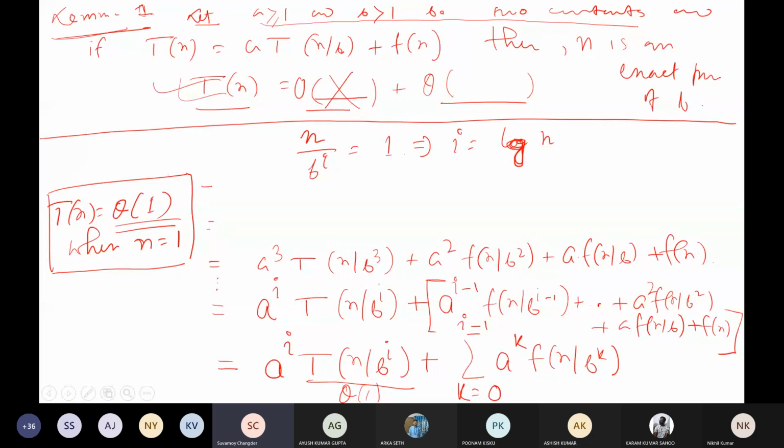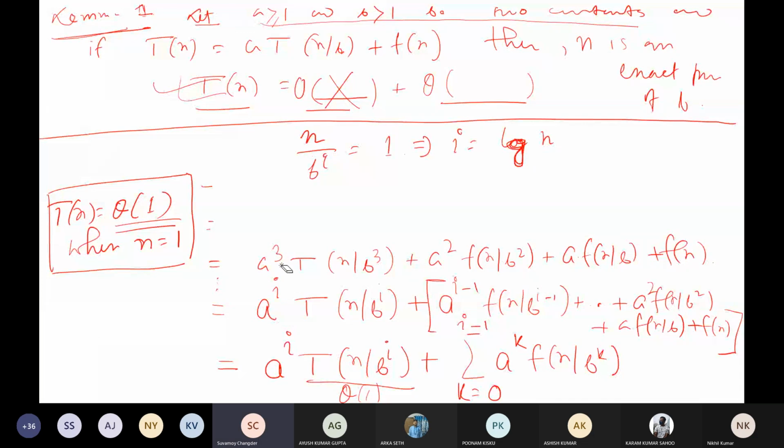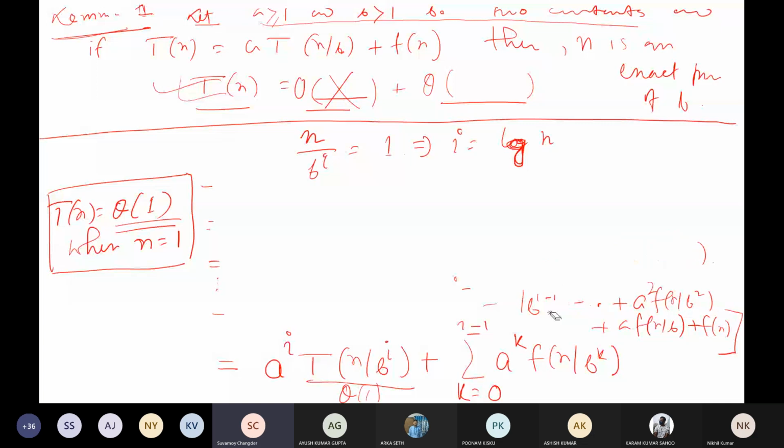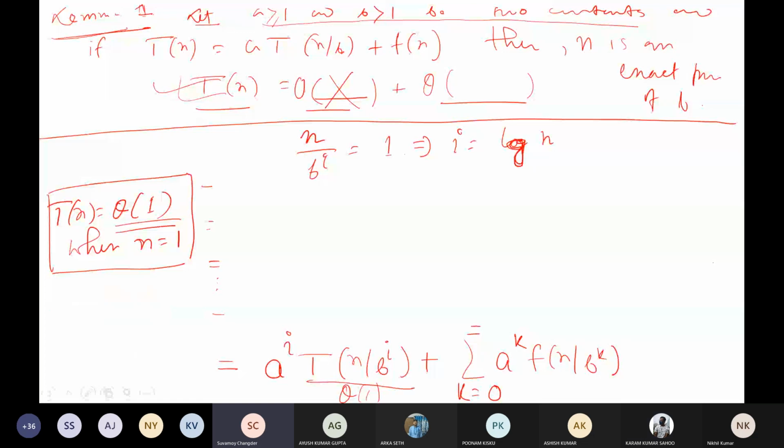Now, if we put this value here, what will we get? T(n) is equal to a to the power i. Sorry, here it will be base b. I am very sorry.